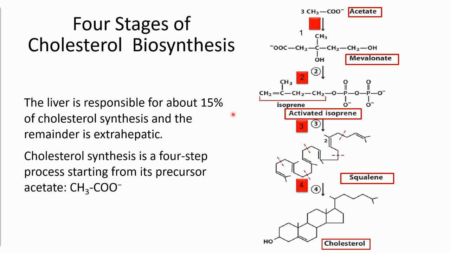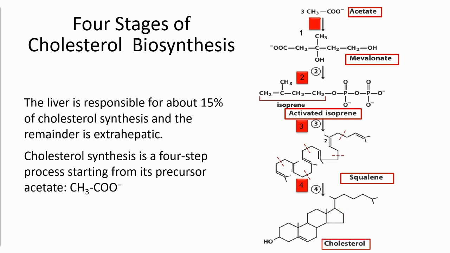Now, so it is actually a 4-step process wherein acetate is converted to mevalonate, to isoprene, then squalene. Now, squalene is actually the one responsible for sharks floating. Okay, this is actually good if you want to maintain skin quality. Yeah, squalene. Okay, and then it forms now your cholesterol.